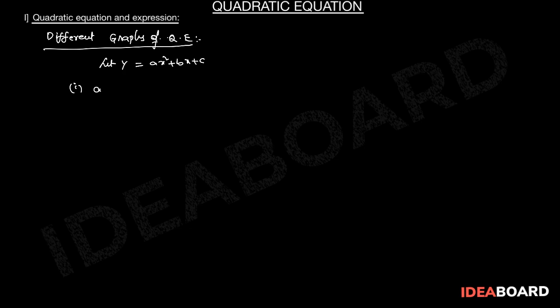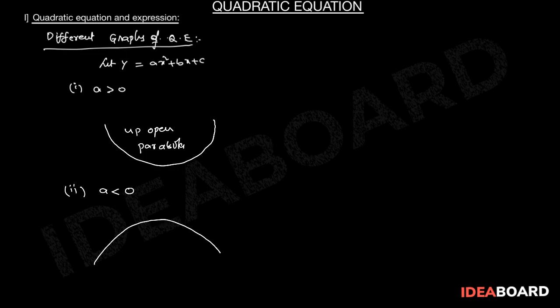If a is greater than 0, then the equation represents an upwards parabola. If a is less than 0, then the equation represents a downwards parabola.